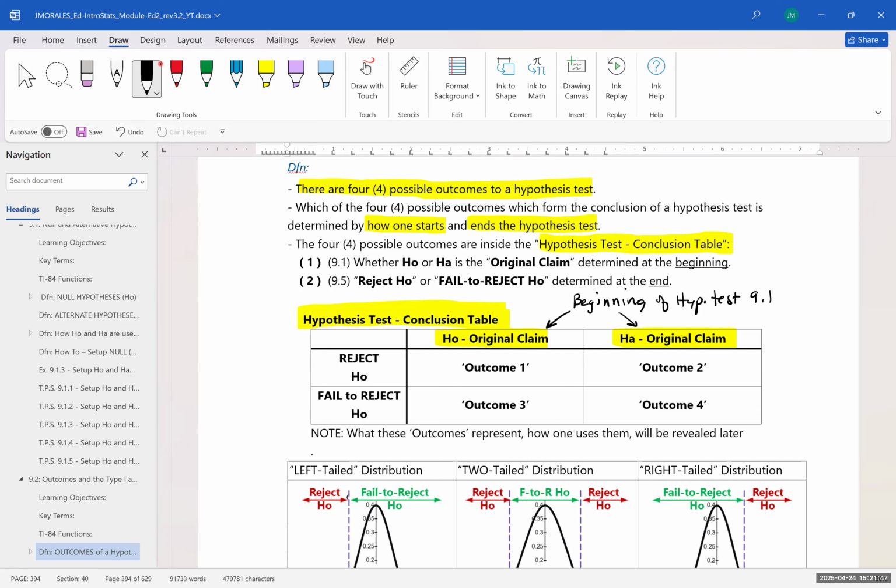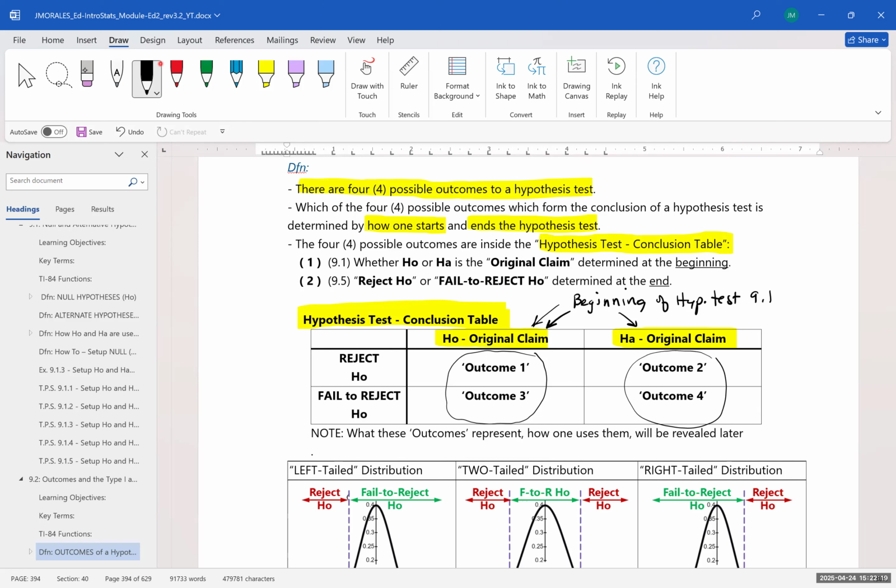And you remember how I said how important it was that you label which one is the original claim? Because if you incorrectly mark down that the null hypothesis was the original claim, then you're going to think these two outcomes are going to be your answer. But if you are wrong and you mistakenly labeled the null hypothesis as the original claim, then you're totally going to miss what the true answer was.